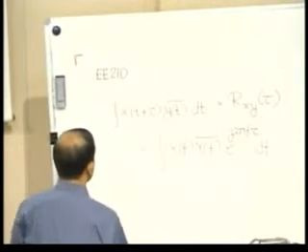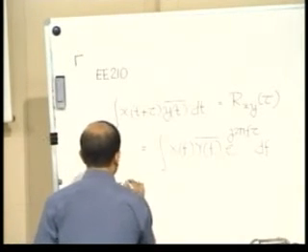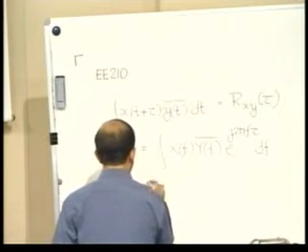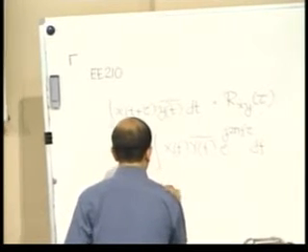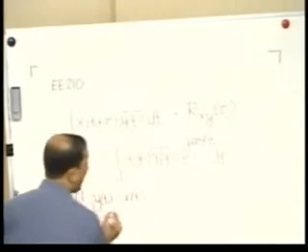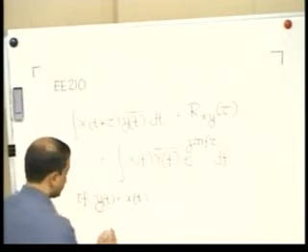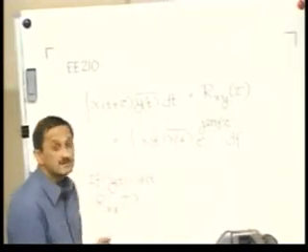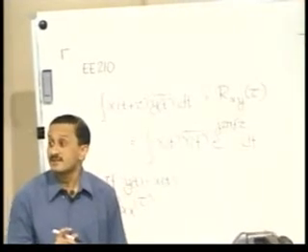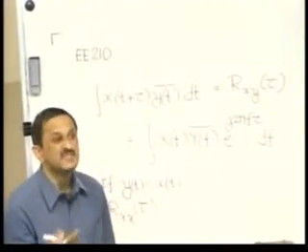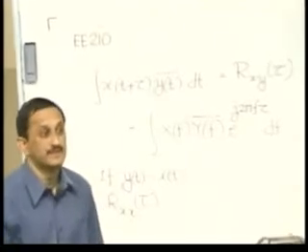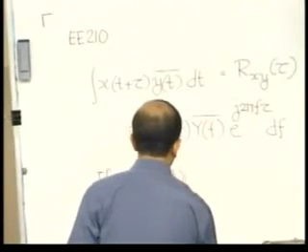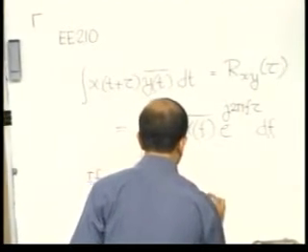Now, in particular, if y(t) is equal to x(t), what do we have? We have a quantity called R_xx(tau). This is called the autocorrelation of x. We don't have to say with itself, because autocorrelation means with itself.